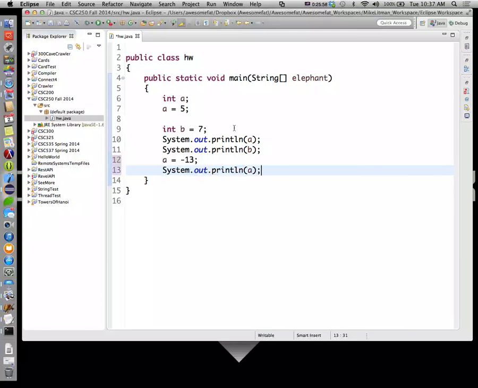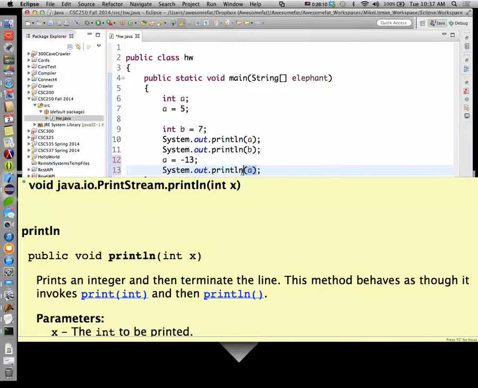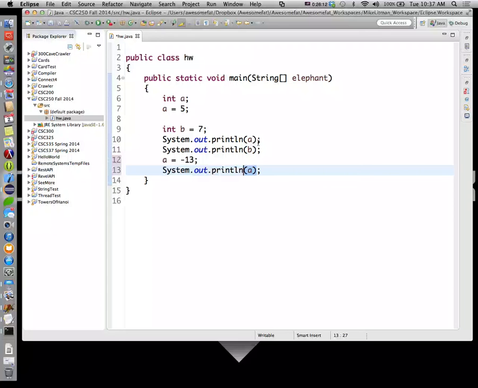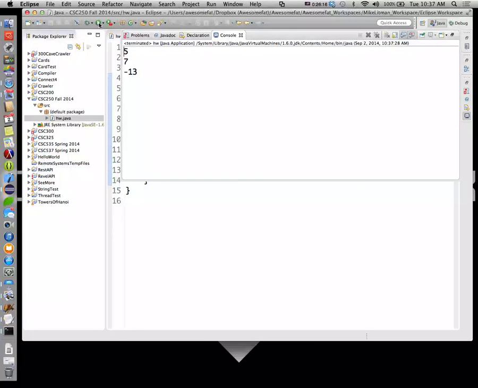So now I'll get 5, because A was equal to 5 at the time I printed it here. Then I'll get 7, because B was equal to 7. Then I'm going to change the value of A, and I'll print A again. A is now 13, or negative 13. 5, 7, negative 13.